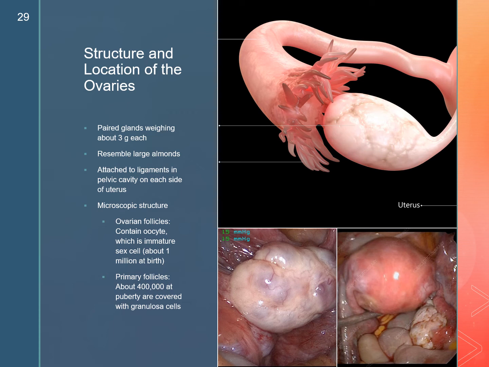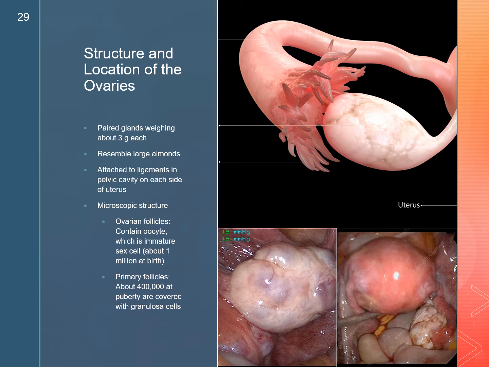These ovaries are attached to ligaments in the pelvic cavity on each side of the uterus. The ovary is held in place by the ovarian ligament, and the ovary and the ovarian ligament lie within another ligament called the broad ligament. If we were to look at the ovary microscopically, we would see these little follicles or little pockets.